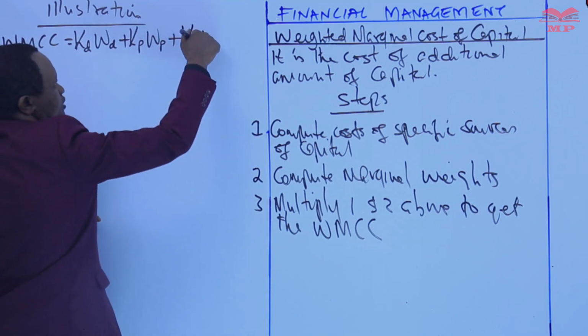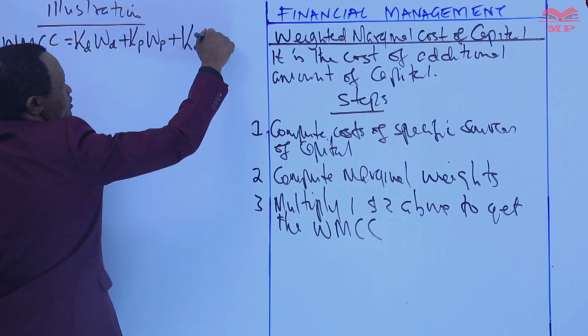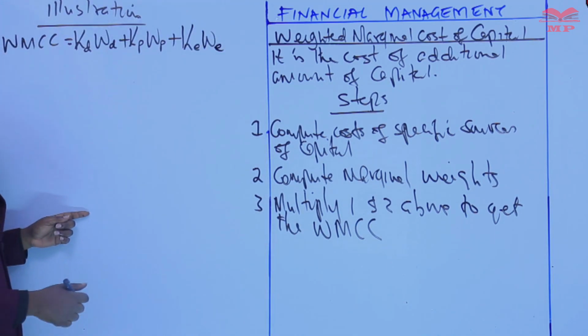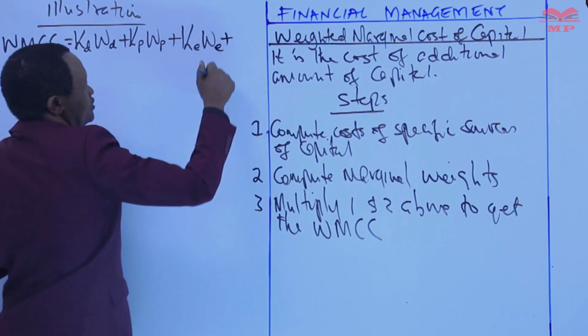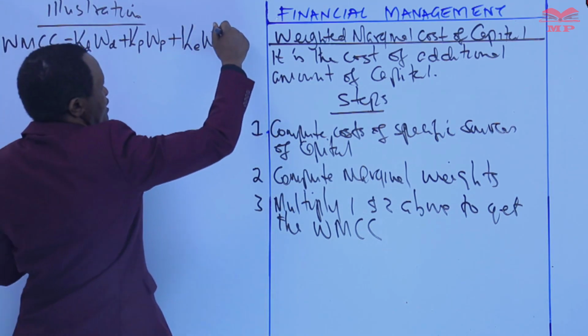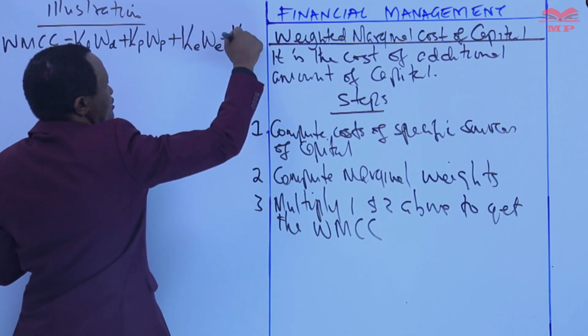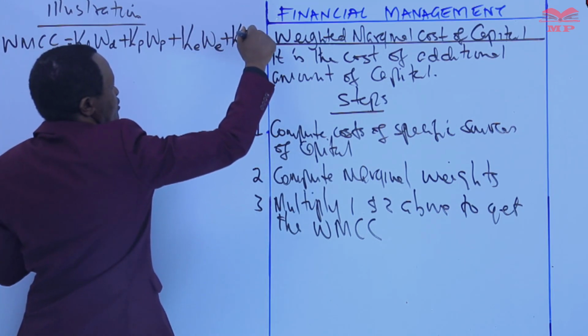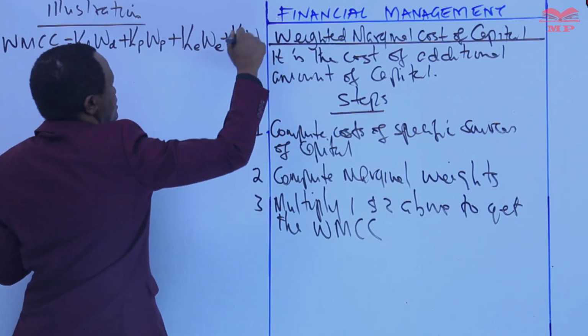Then we multiply with the weight of equity, WE. The fourth source is utilized retained earnings. So the cost of retained earnings, KR, then the weight of retained earnings.